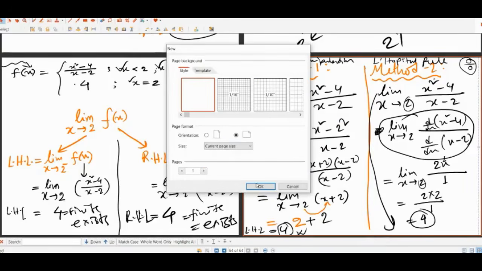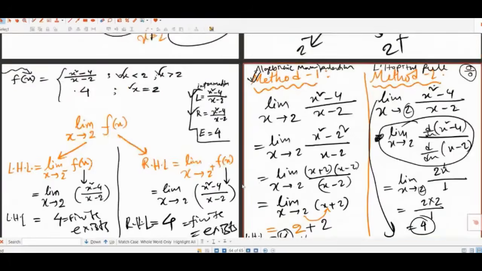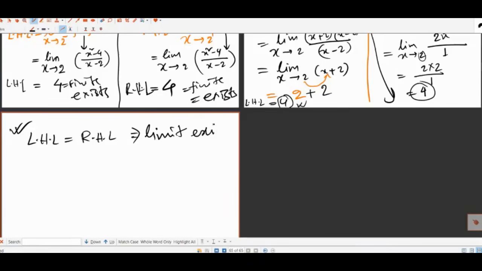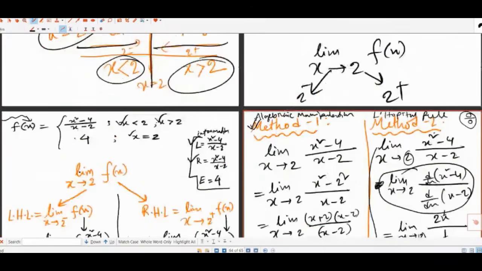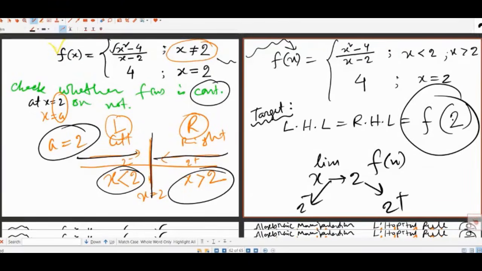But that is not our target. Our target is to check whether the function is continuous or not. We have found that the left hand limit and right hand limit are the same, so the limit exists. For a continuous function, we have to check another condition besides the left hand and right hand limits: the functional value at 2.